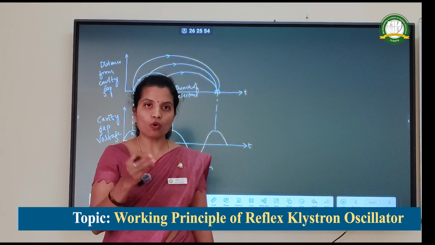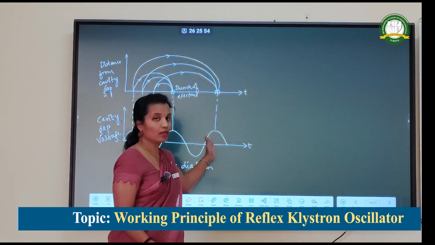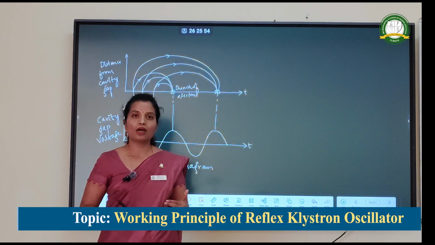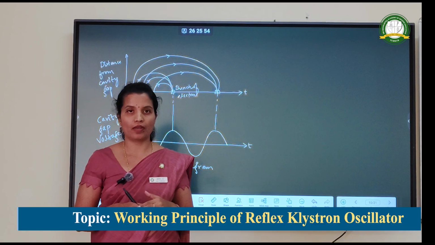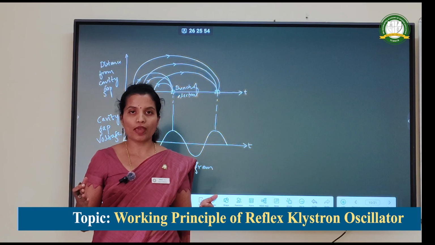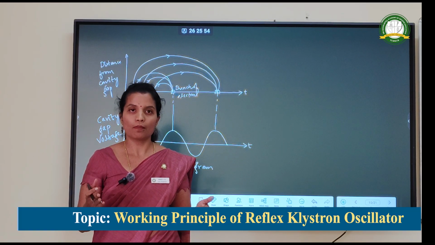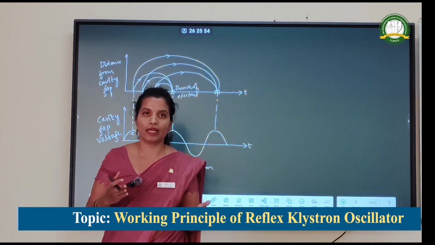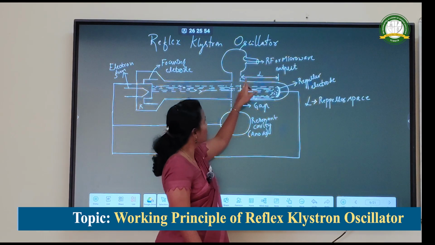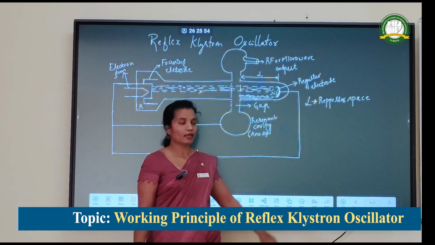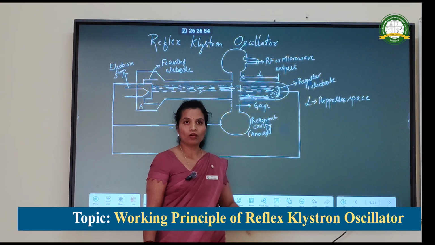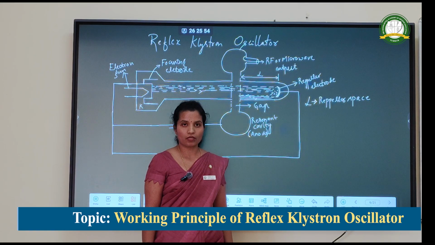As more and more bunches of electrons coincide with the positive peak, the RF noise gets amplified, so microwave oscillations will be produced. Those microwave oscillations will be taken from the cavity using a coaxial cable as shown here. The RF output or microwave output will be taken across that.